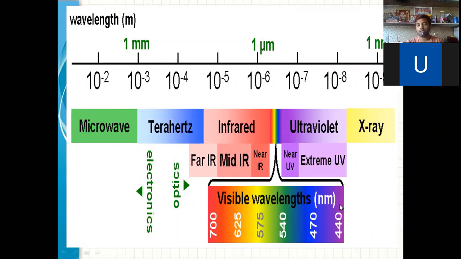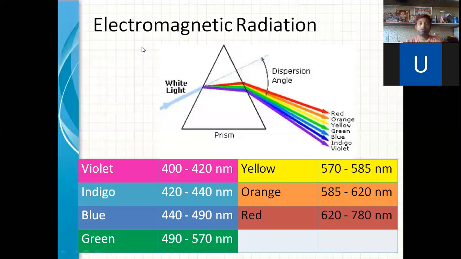The UV region is around 200 to 400 nanometers, or sometimes 10 to 400 nanometers. This is UV visible spectroscopy: the ultraviolet range and the visible range.